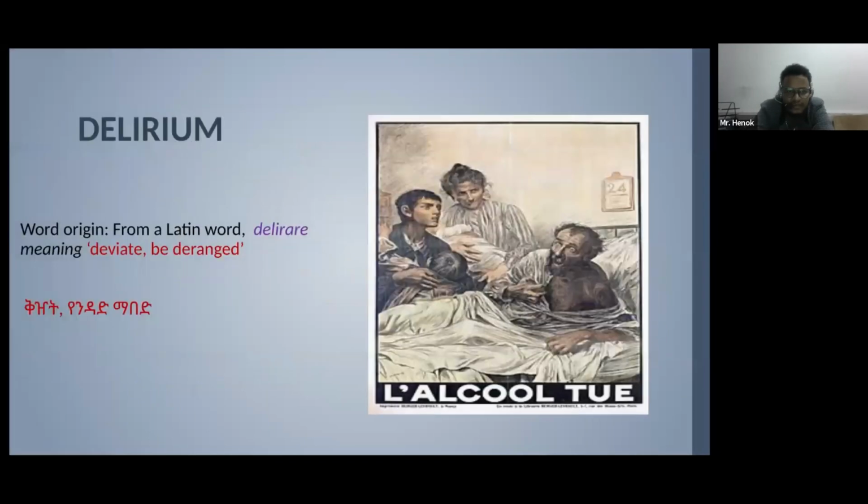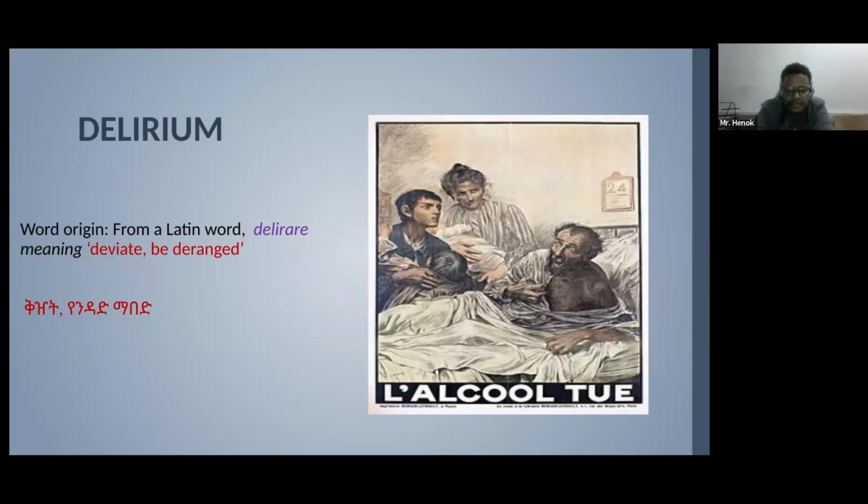So saying that, I will directly go to our today's topic, which is delirium. The word delirium originated from a Latin word, delirium, which means to deviate or to be deranged. So the meaning in the Amharic dictionary says kajet or yenedad mabed.